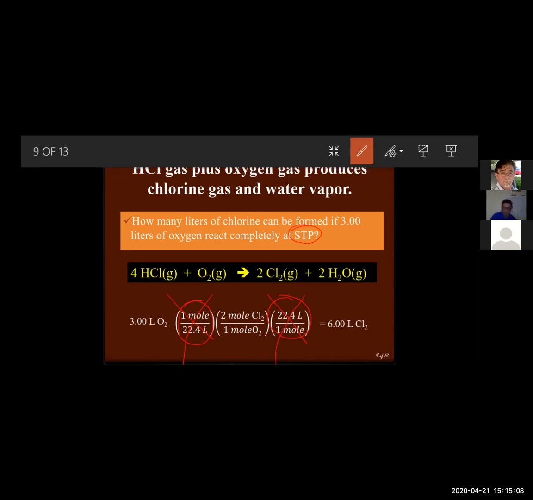But when you're dealing with all gases and you need to go from one to the other, you just need the stoichiometric relationship between the reactants or the products. But only if they're all gases and only if you're at STP.